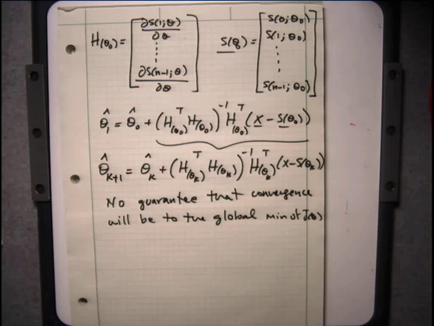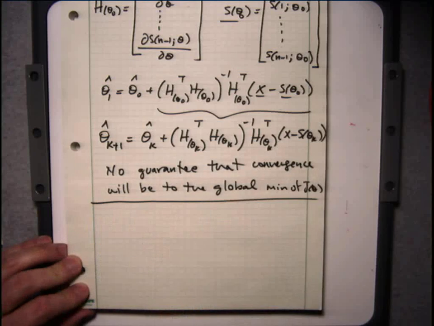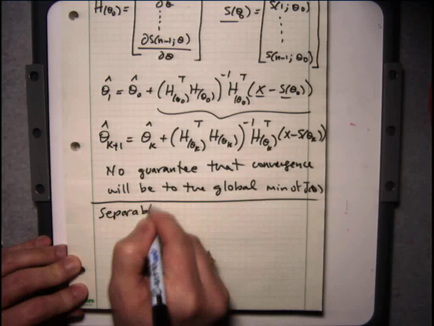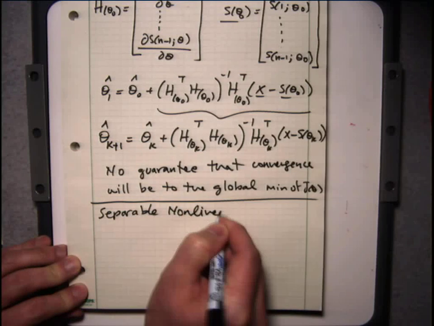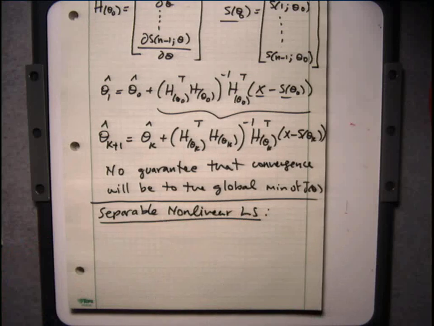One last couple of words about nonlinear least squares. There are other techniques for dealing with nonlinear least squares problems as well. One of them, which comes up very often in engineering problems, is the so-called separable nonlinear least squares. This is when you have a very special kind of problem where the expression for S of theta can be broken up into two pieces that simply multiply each other.